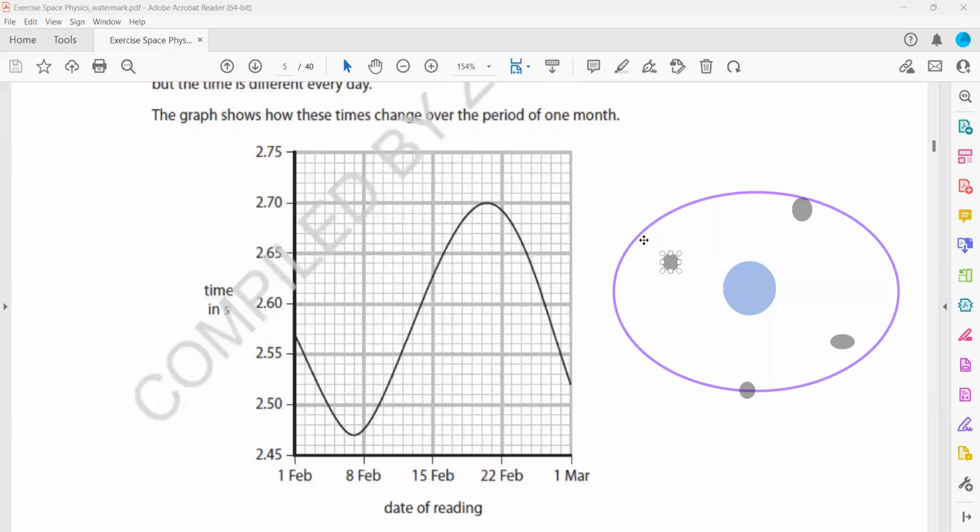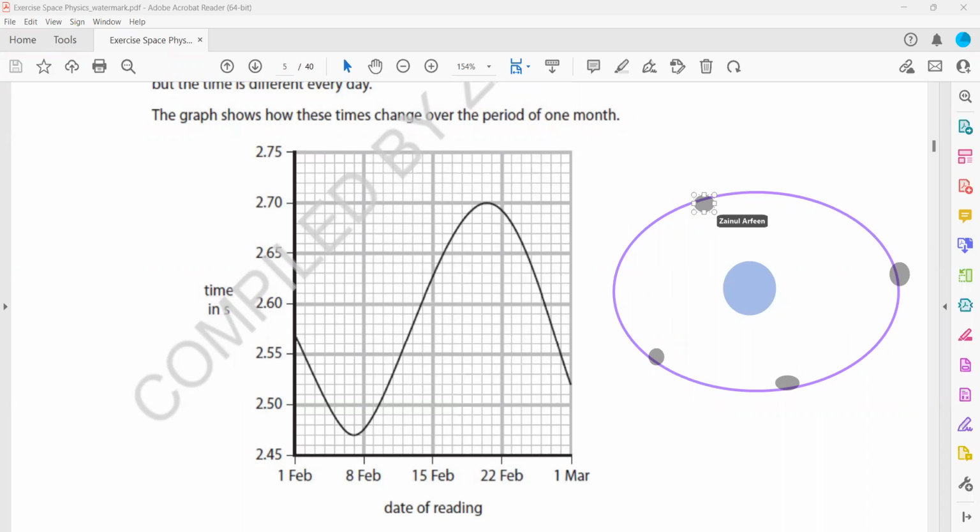When its orbit is elliptical and it is closer to us, the light is reflected in a short time. When it is away from us, the light takes longer to bounce back. So this cycle shows that the orbit of the moon is slightly elliptical.